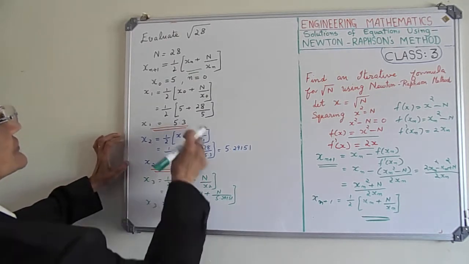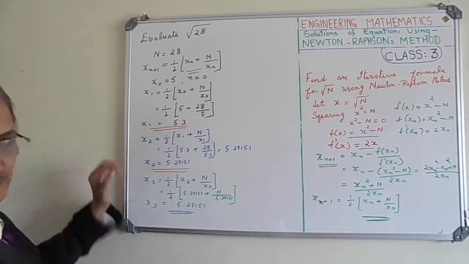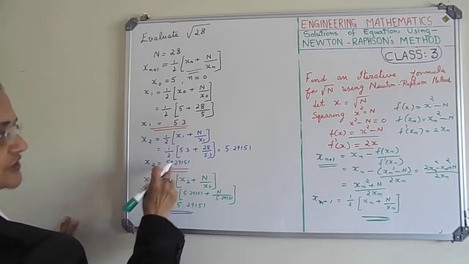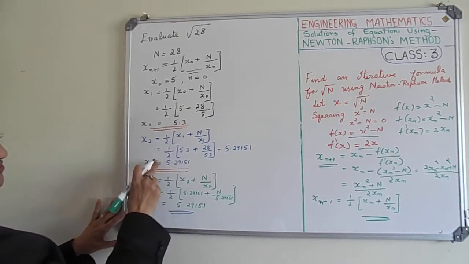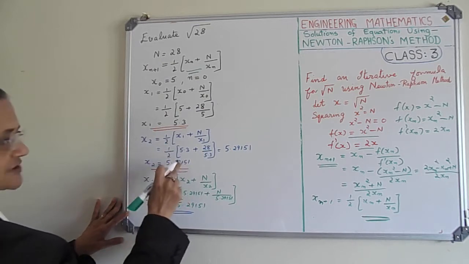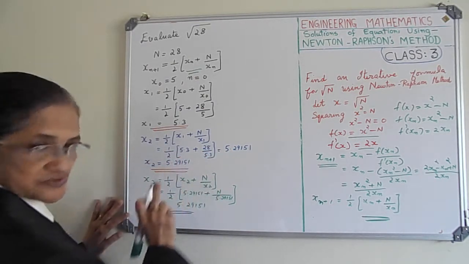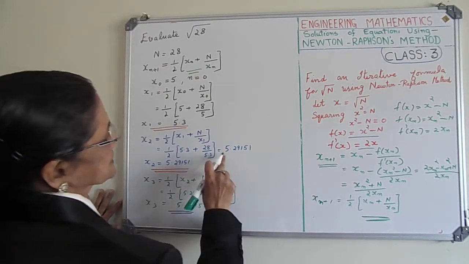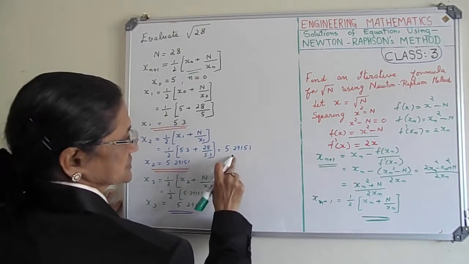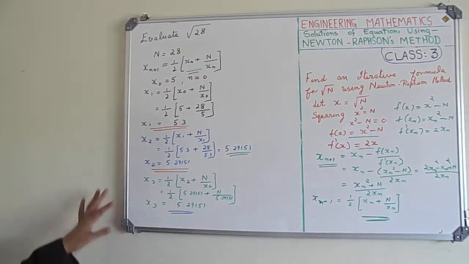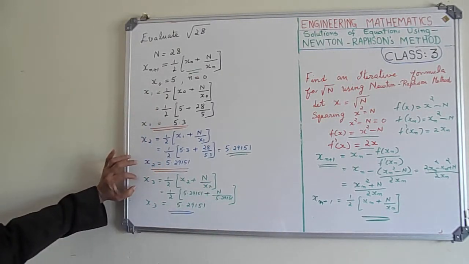Now x1 is equal to 5.3. Substituting, we get half times (5.3 plus 28 upon 5.3). Simplifying this, we get the value of x2 is equal to 5.29151.